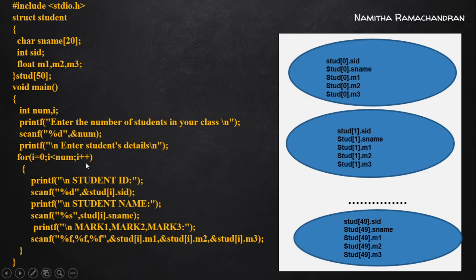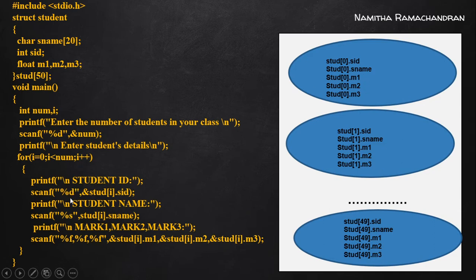Okay, so using this, now inside this main we can read values from our keyboard. First is the number of students in your class. If your class has 50 students, then we can read the limit as 50. Suppose your class has only 30 students, then we can read 30 as the limit here. Using that particular limit, we can initialize each of these allotted memory spaces.